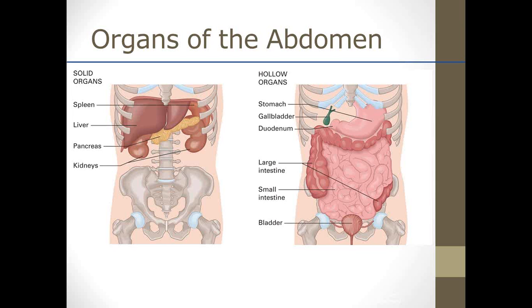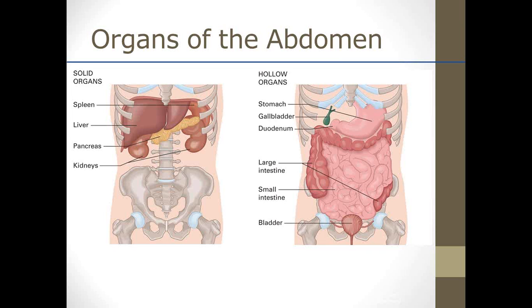Now, solid organs are very vascular. There's a lot of blood through them for the most part. And so if they become torn or fractured or damaged or ruptured, we have significant bleeding issues with them.